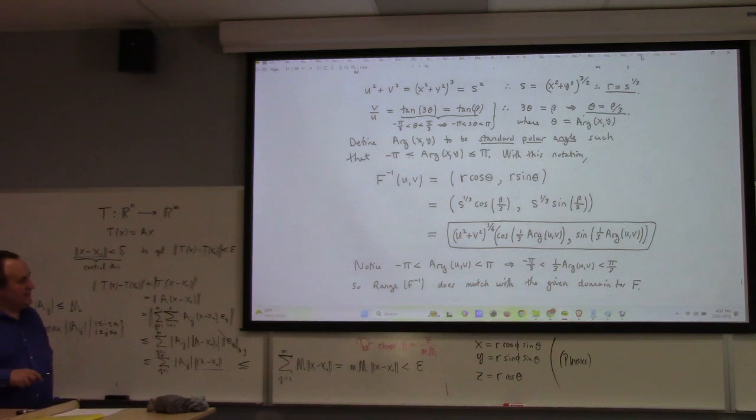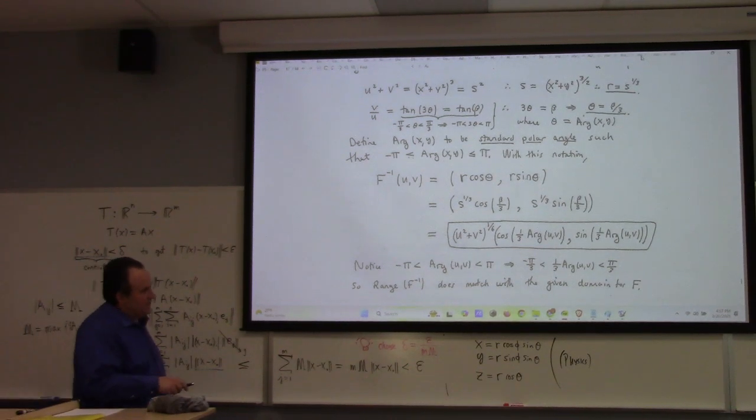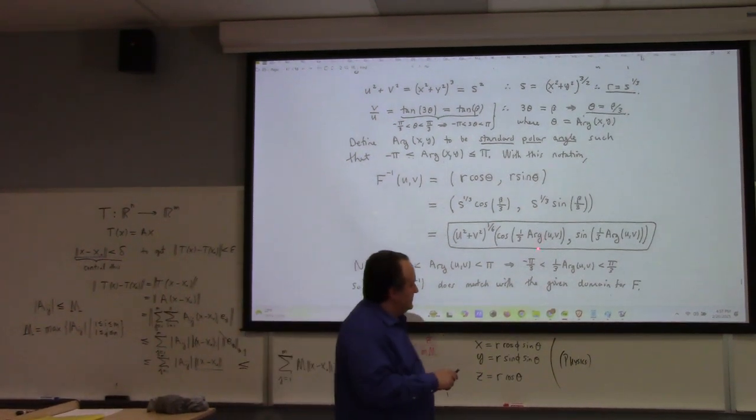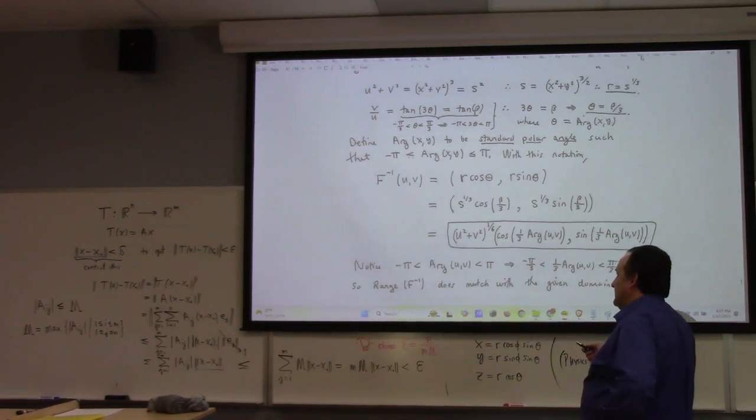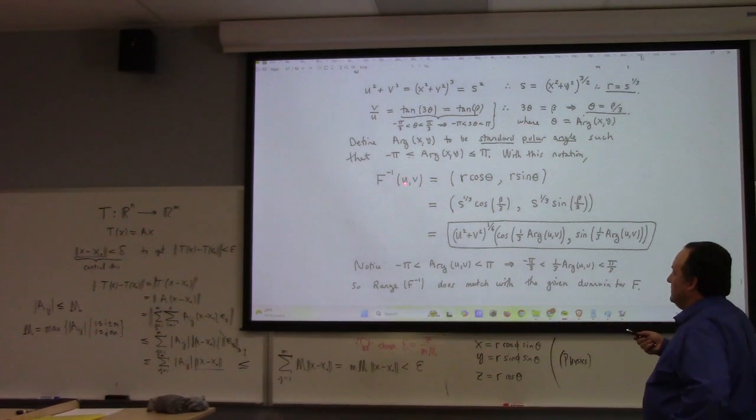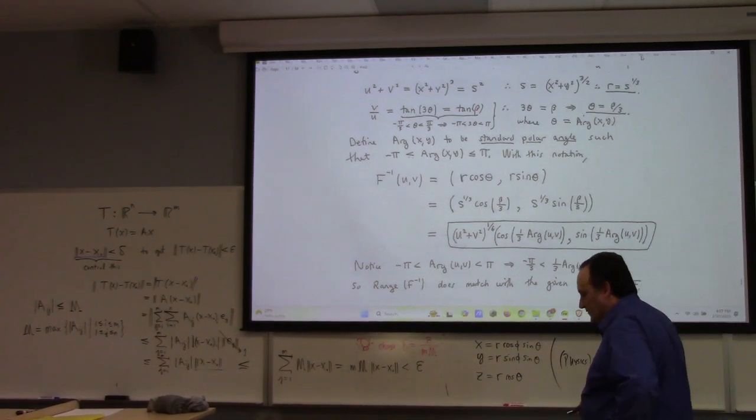Eventually, I get this solution, where this argument is really just theta. Essentially, calculate the angle of uv, cosine of 1/3 that angle, sine of 1/3 that angle, times the 6th root of the sum of the squares. That ends up being the inverse.